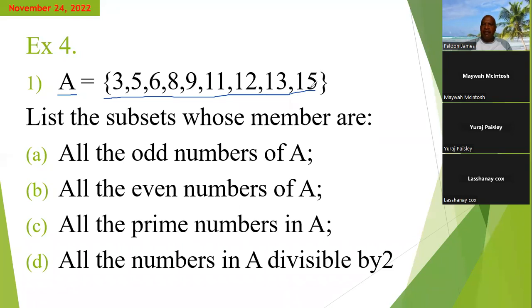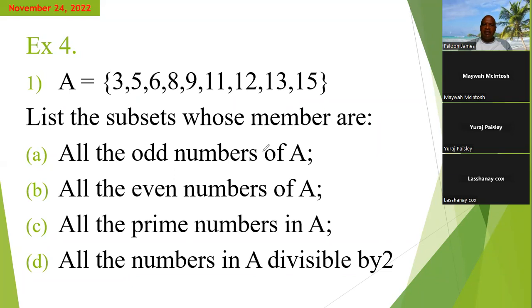And from that set, you are to list the odd numbers of A. Then you are to list the even numbers of A. Then you are to list the prime numbers of A. And then all the numbers in A that are divisible by 2. So you are to list them.